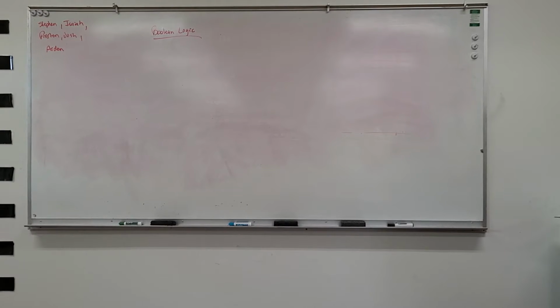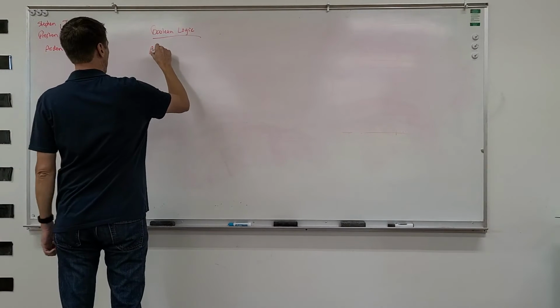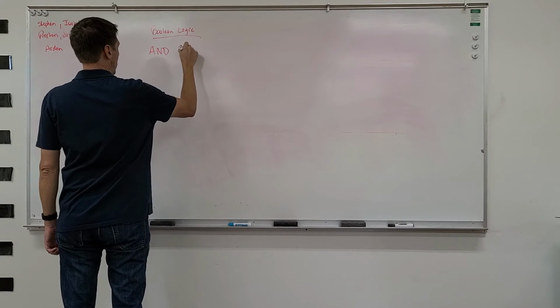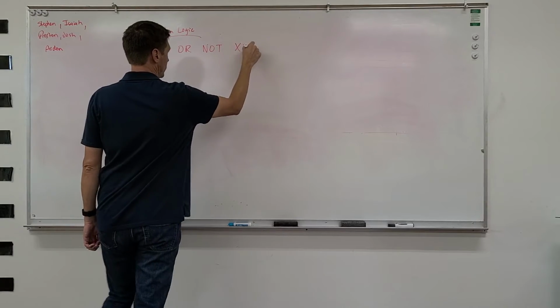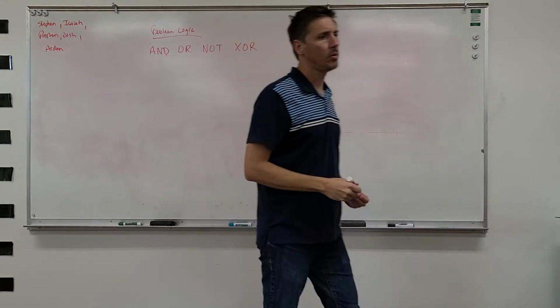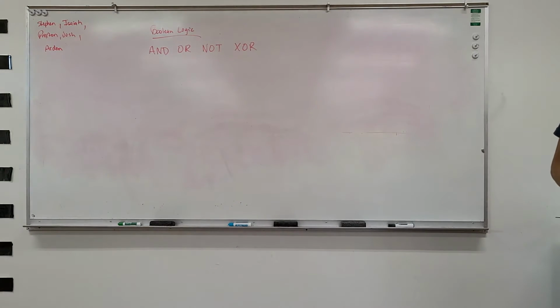So we're just using 0s or 1s or true and false. And there's 4 operators that we need to be familiar with. They are and, or, not, and XOR. All right, and the book kind of shows some of the different ways that those can be represented, the different symbols that are sometimes used to represent those.